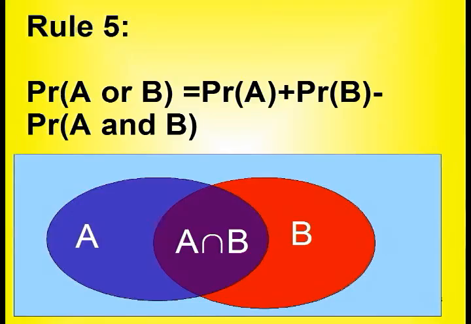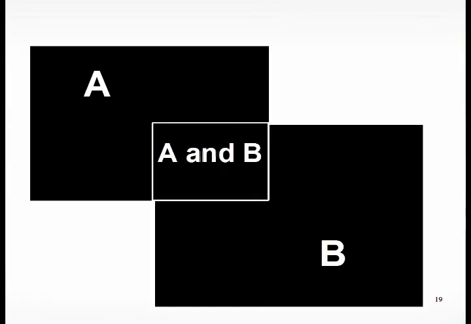Rule 5. The probability for A or B is the probability for A plus the probability for B minus the probability for A and B. The reason for the set minus the probability of A and B is that this area is counted twice. Once when we add the probability for A and once when we add the probability for B.